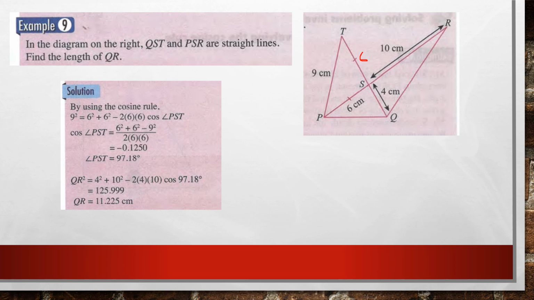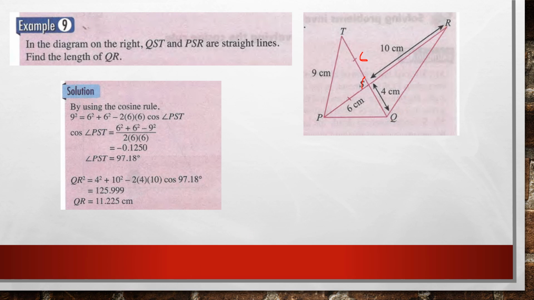So from here, you can find the angle PST. Why do we want to find the angle PST? If you find PST, it is the first step to find our QR.